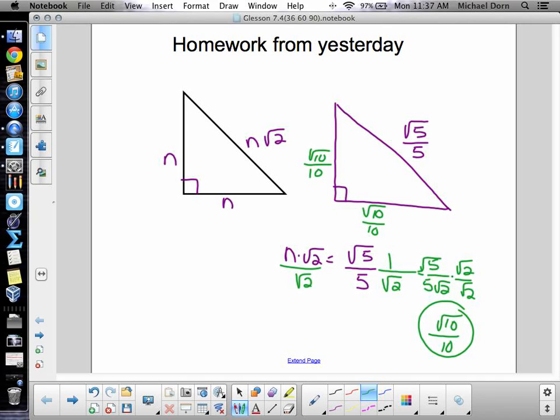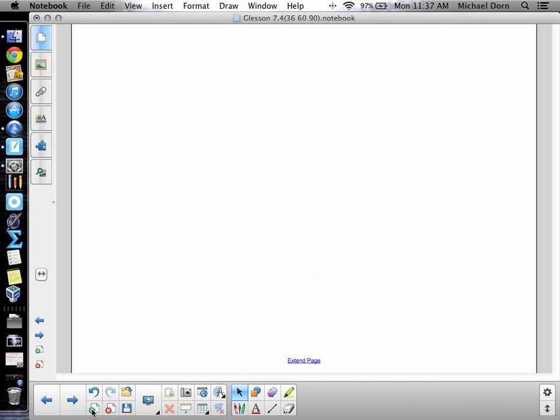It does take some comfort working with radicals to do that. That's definitely one of the hardest problems we had yesterday, or Friday. But a lot of the problems were a lot more basic. Plenty of the problems were more like number 15.